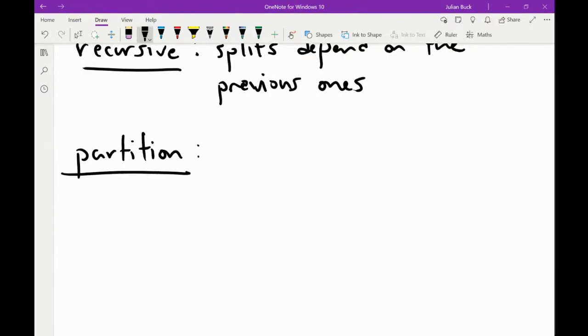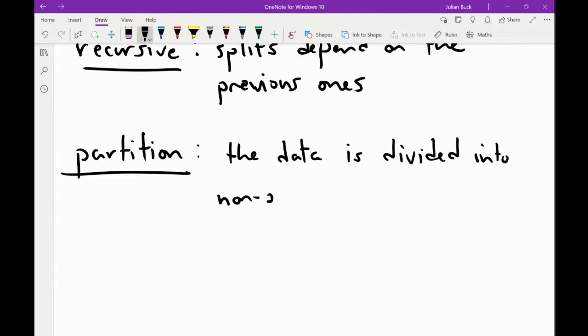Okay, so when we say partition, this means that the data is divided into non-overlapping regions. This is because given a data observation and its target value, when we ask a yes or no question, that's unambiguous.